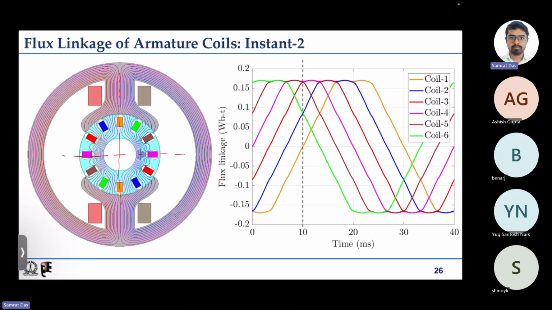So coil 1 at t equal to 10 millisecond has zero flux linkage, and same discussion, accordingly all the coil flux linkages change with rotor position.